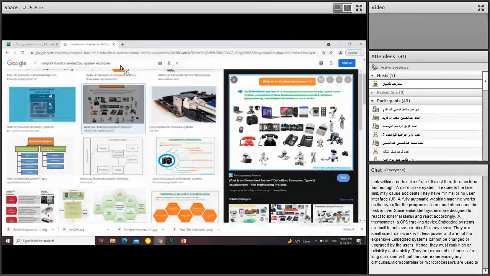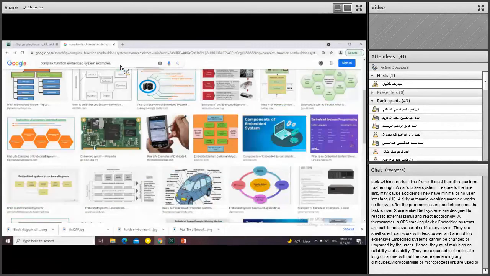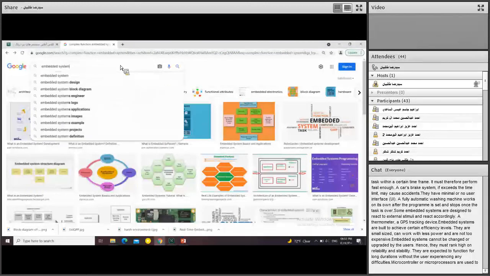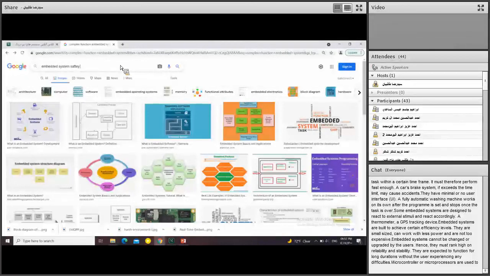For example, here we can write it like that: embedded system, safety, application.